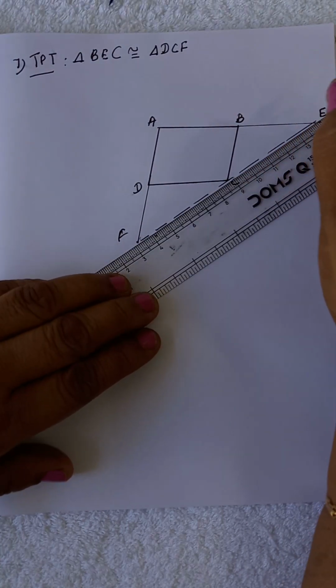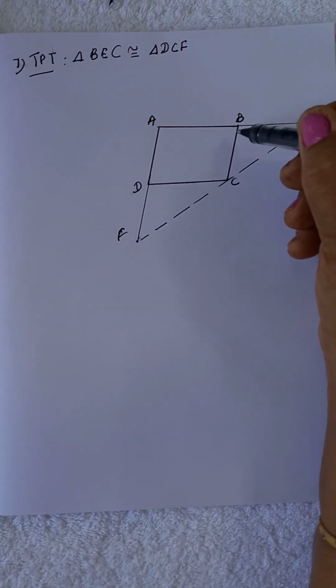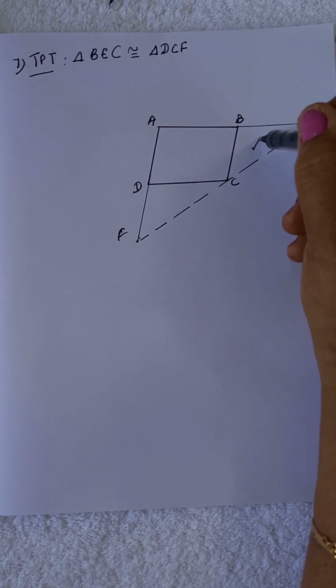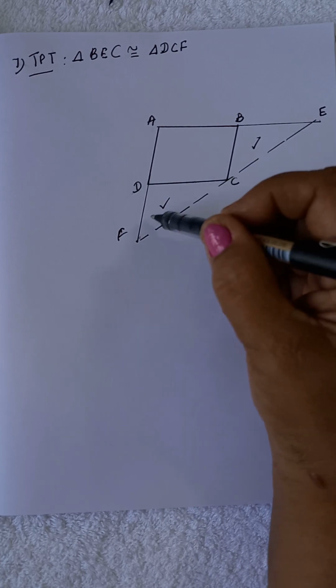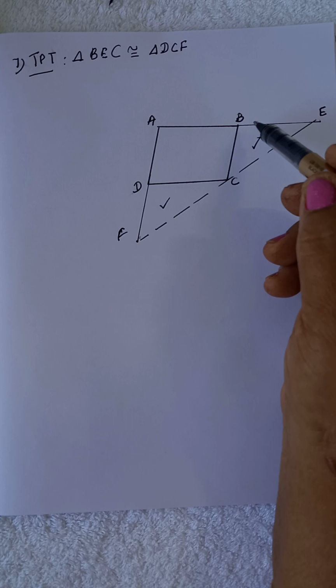Then what do we have to prove? Triangle BCE is congruent to triangle DCF. So in this case we have to prove that any three sides or angles of these two triangles are equal.